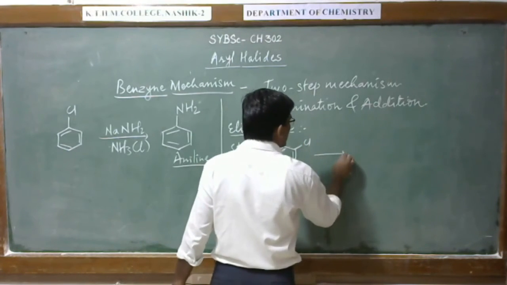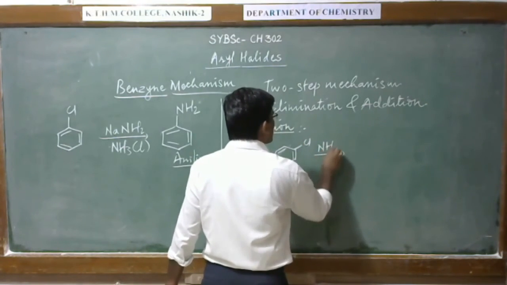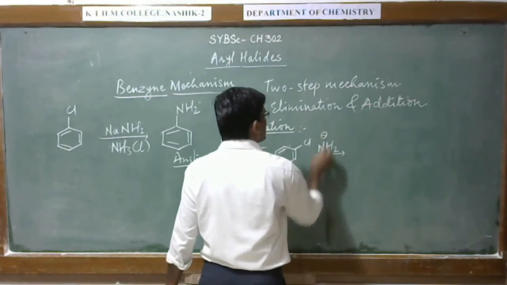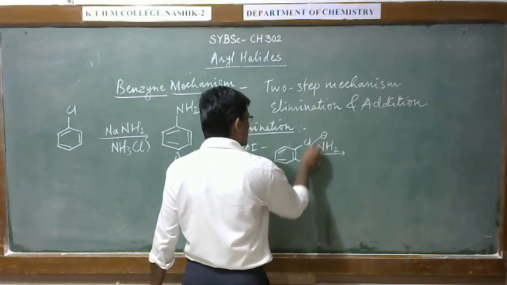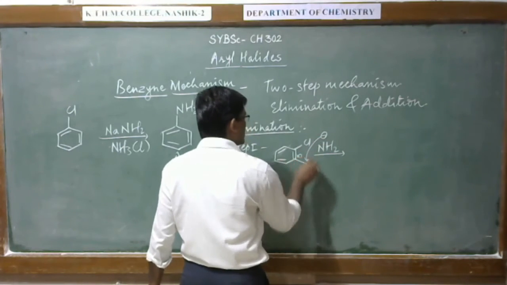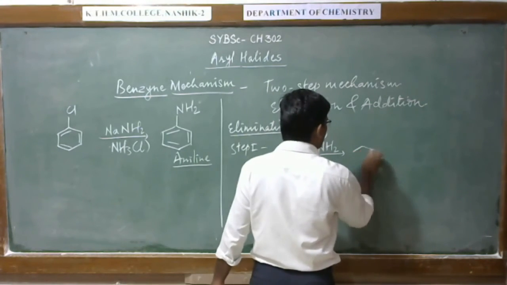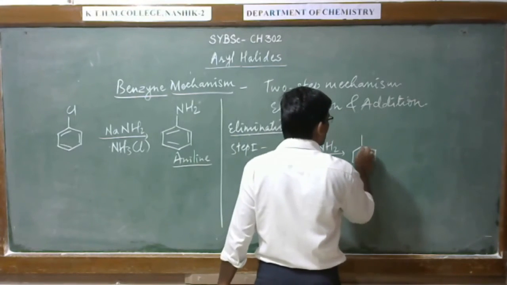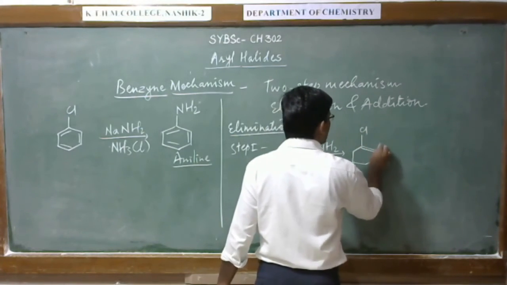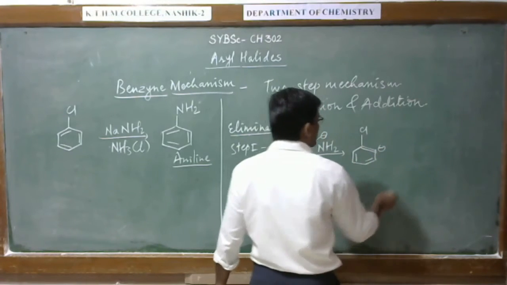Chlorobenzene reacts with this amide ion, so it will accept this proton and generate this carbanion.